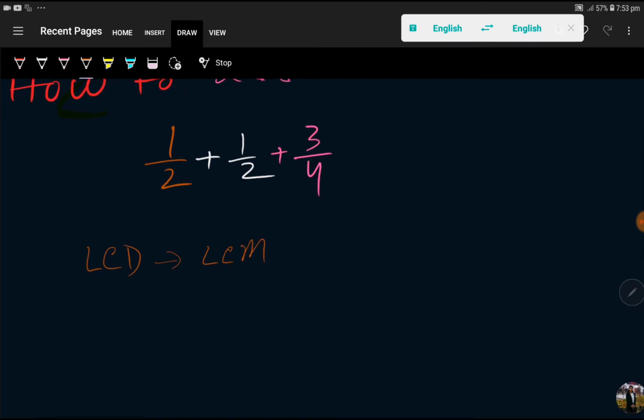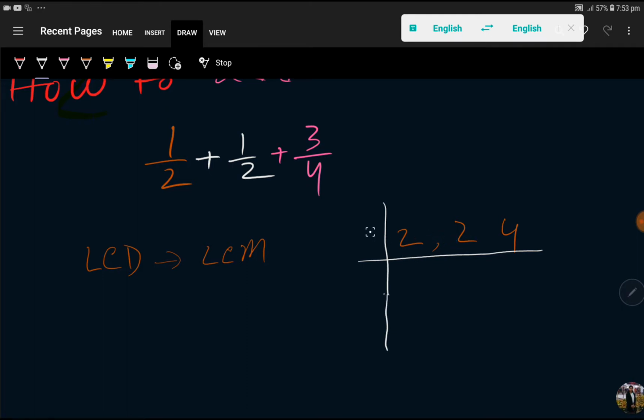So look, I will show you two methods to find the least common multiple. First I will show you the ladder division method. So here we have 2, then here we have also 2, and here we have 4, right? So I will apply the ladder division method.